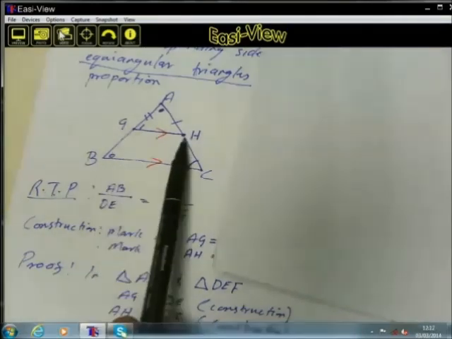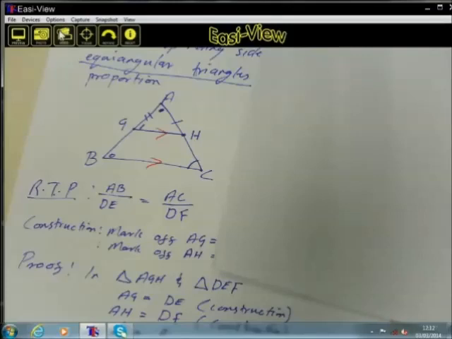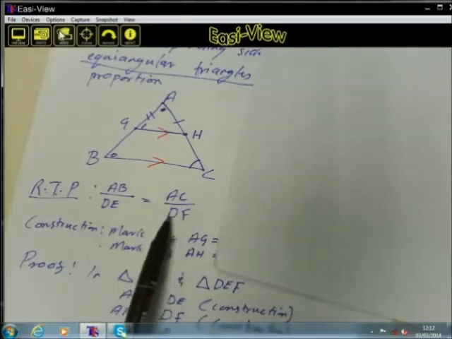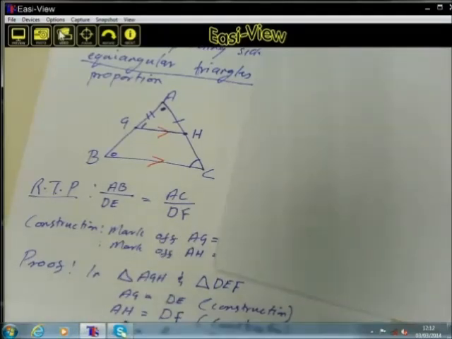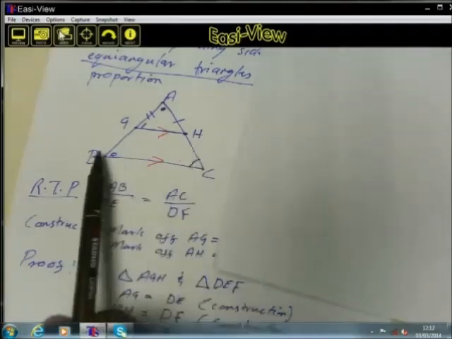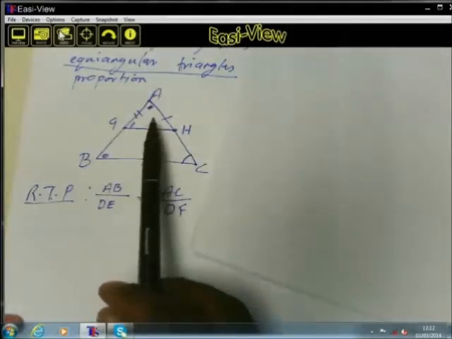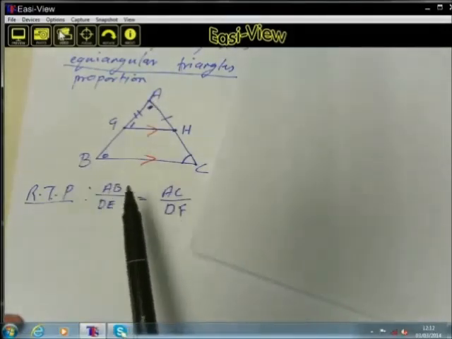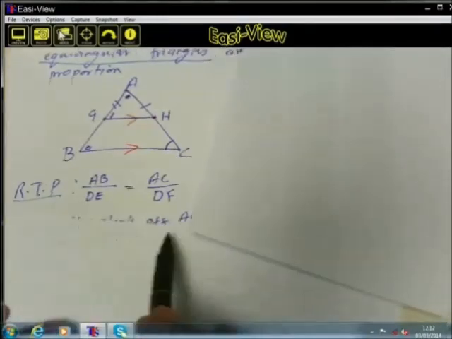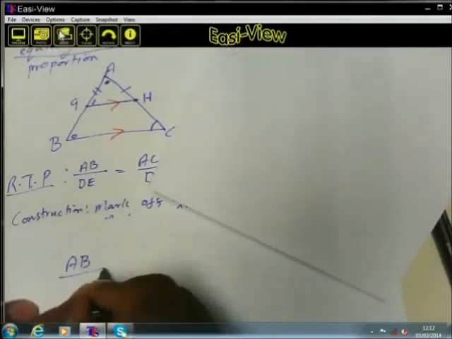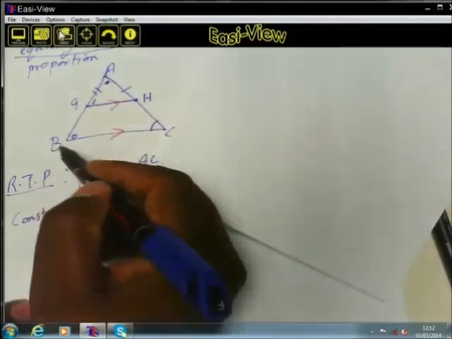We have GH parallel to BC. To still remember the required to prove part, we've got to prove that AB over DE is equal to AC over DF. So if GH is parallel to BC, we conclude that, check the order, AB over AG.